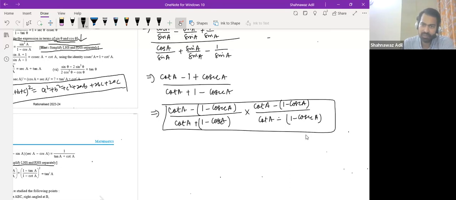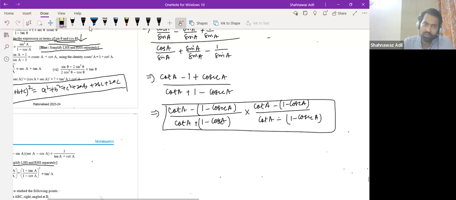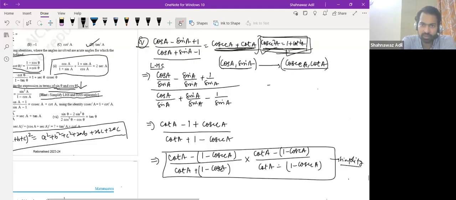So this is your task at home: simplify this one. It is the exact same thing that we did, but here we will use this identity to replace cosec squared A or cot squared A. So simplify, and if you guys face any problem, then ask. Please note it down.